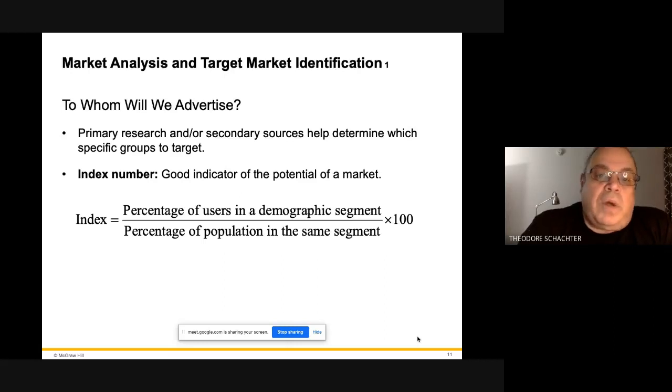If it were 80, it would mean it's 20% below average, where 100 means it's average, meaning it mirrors the population. Okay, so this is just a general index.